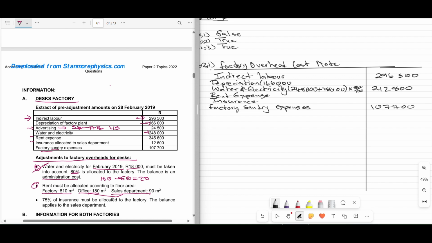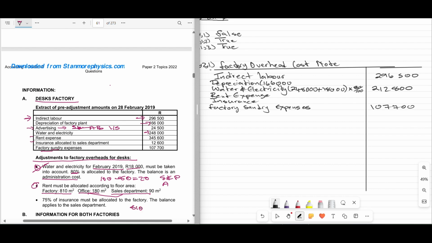Remember, we have two expenses, selling and distribution, and admin. So office is for admin. Selling and distribution, they might give you delivery, they might give you sales. Remember, I always tell you that you need to calculate everything there.